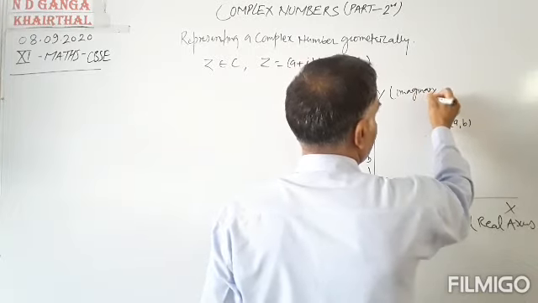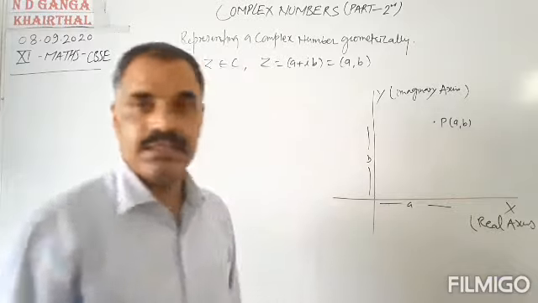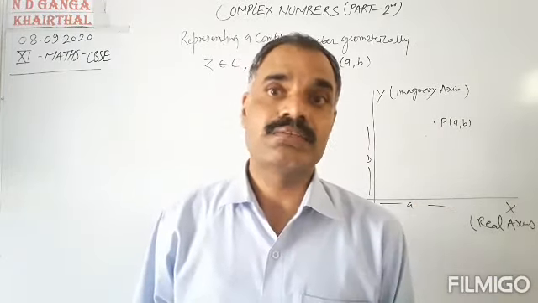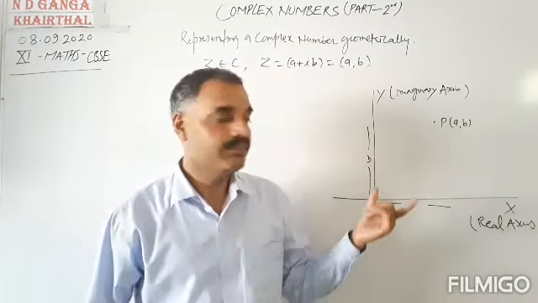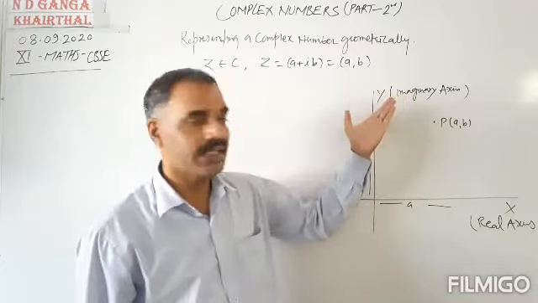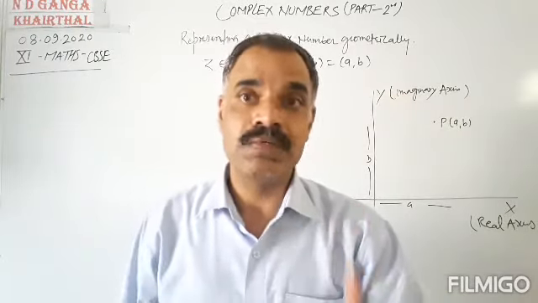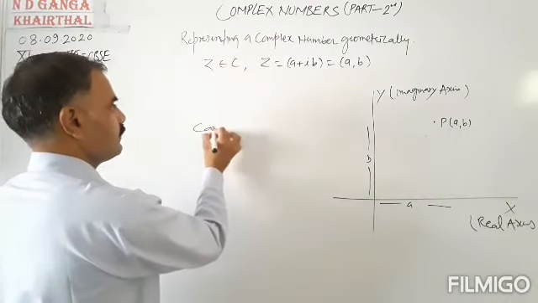So the x-axis is the real axis and the y-axis is the imaginary axis, and this plane having the real axis and imaginary axis and representing the complex number is said to be the complex plane.